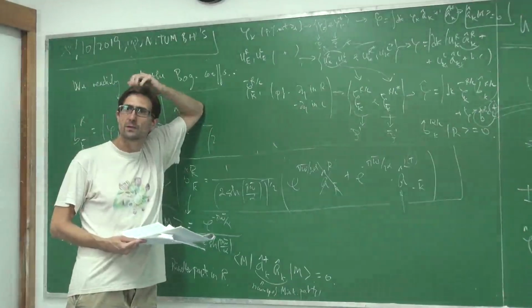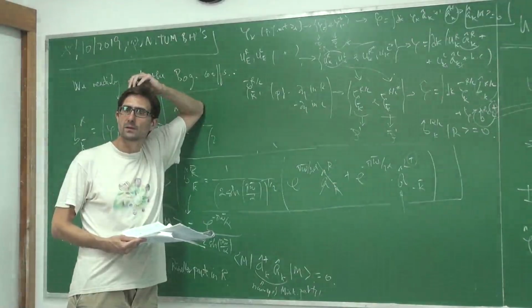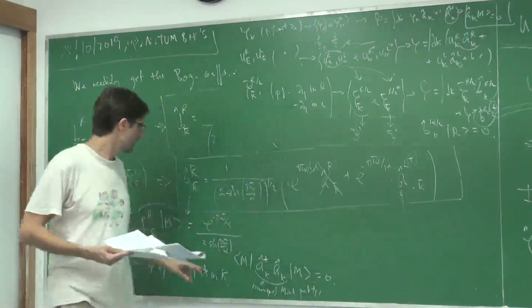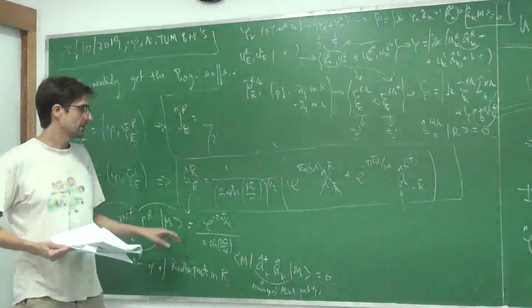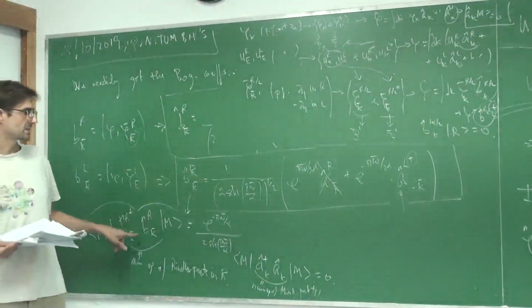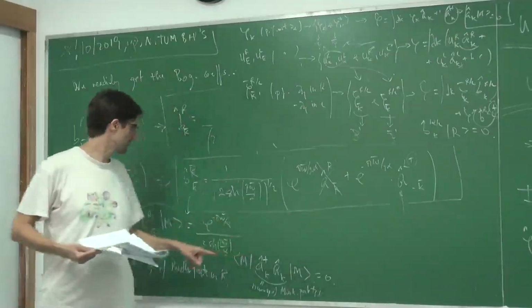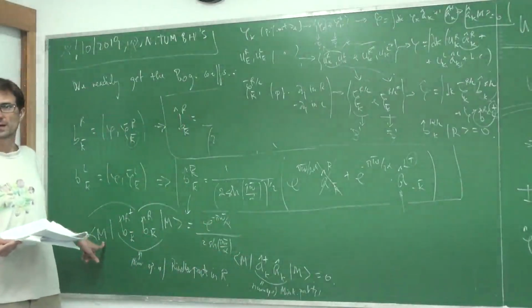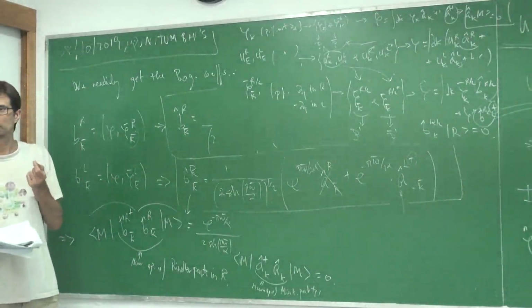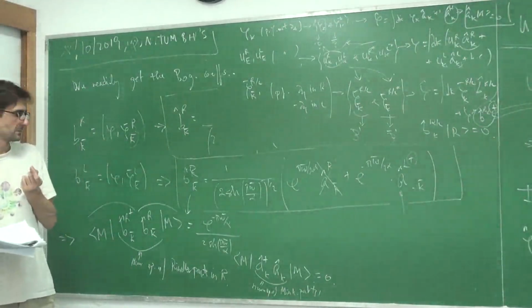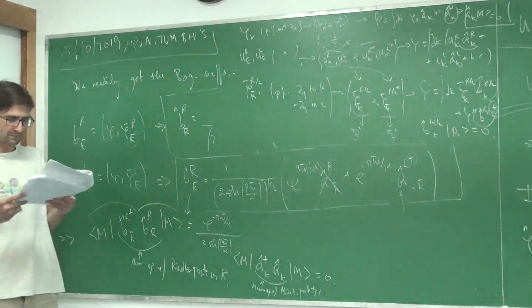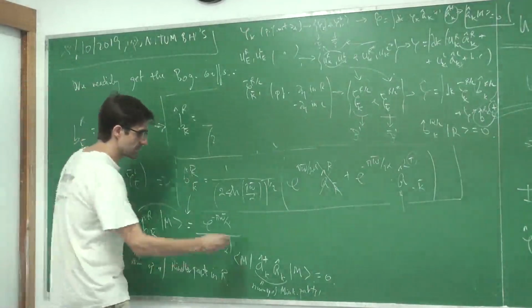No, I don't think so. All that matters is that this acting upon M creates the same state as the Hermitian conjugate of this acting on the bra M. And that state is normalized to unity.